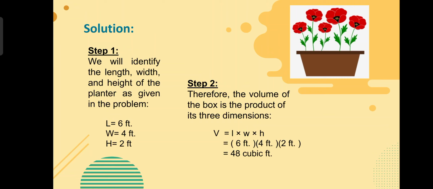Then we substitute the given. We have length equals 6 feet times 4 feet, which is the width, times the height, which is 2 feet. If we multiply 6 times 4 times 2, we will get 48. So the answer is 48 cubic feet.